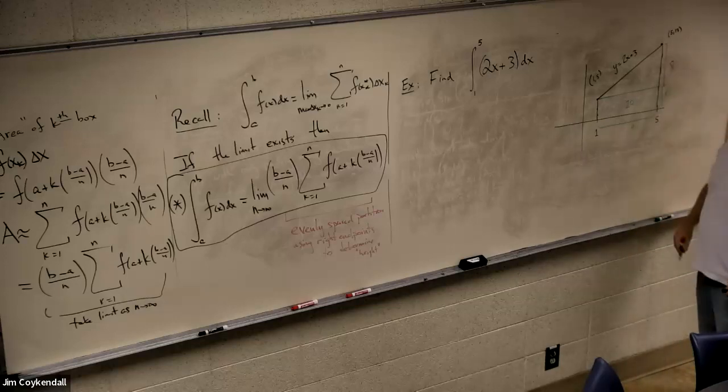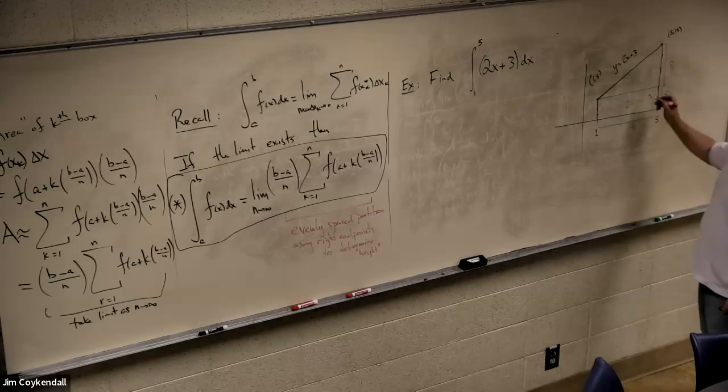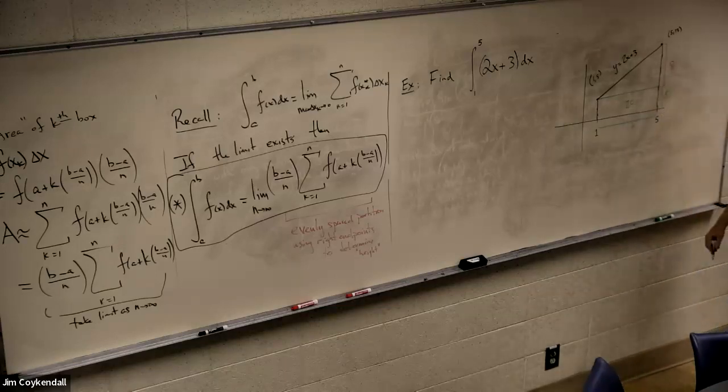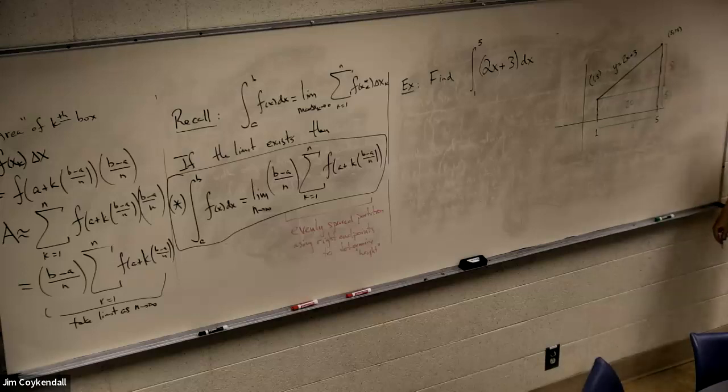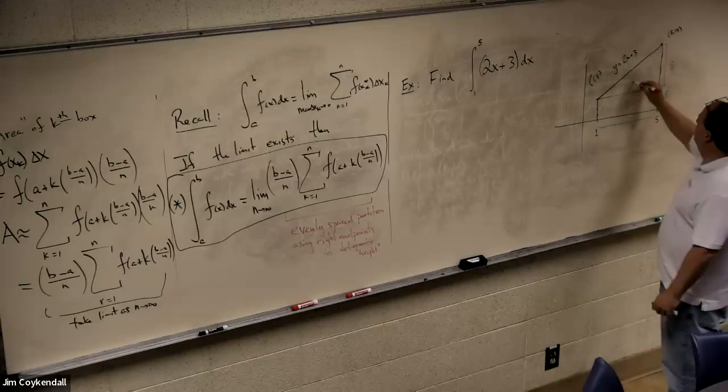Everybody heard that? It should be an 8. And the base is also 4. My scale's not very good. So what's the area of the triangle? There you go, it's half base times height, so it should be 16.